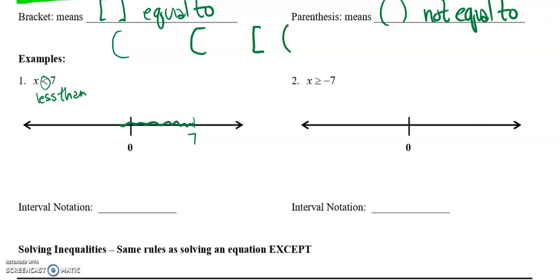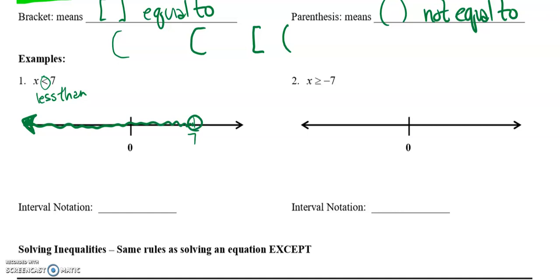Anything going this direction, those are the values that are less than 7. And then what happens at 7? Is it an open circle or a closed circle? Since it's not equal to, it's strictly less than, we will have an open circle at 7.